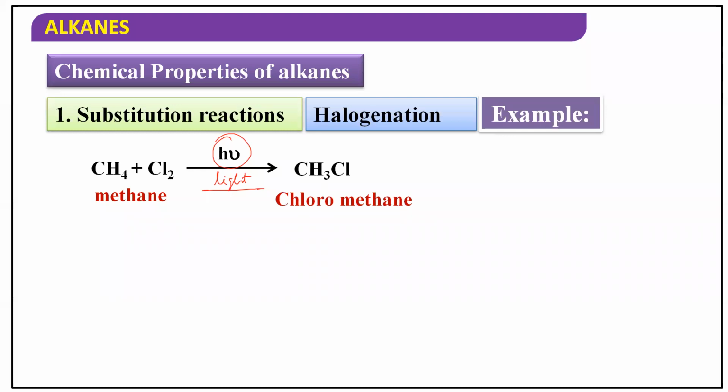We get CH3Cl, chloromethane, plus HCl. Now CH3Cl plus Cl2, again one more. See here there are 4 hydrogens, right? One hydrogen has been replaced. Now for the second, we can see there are still 3 more hydrogens, right?